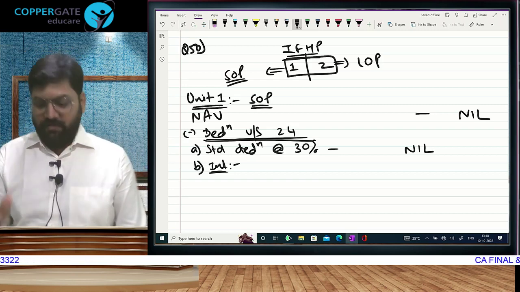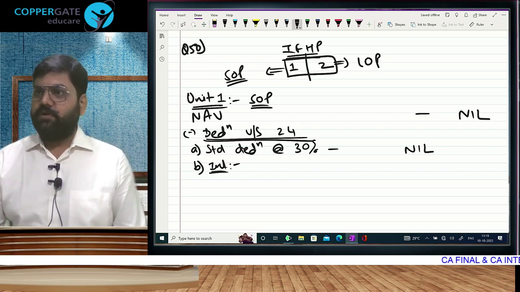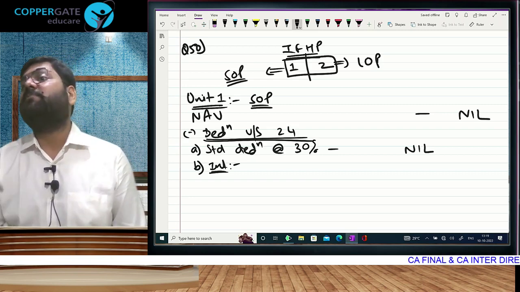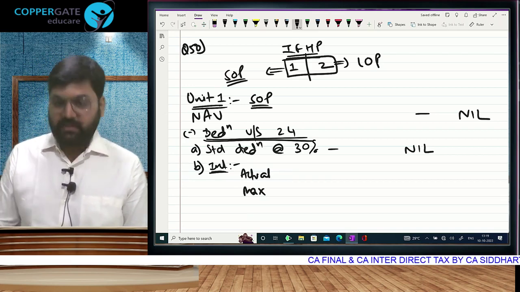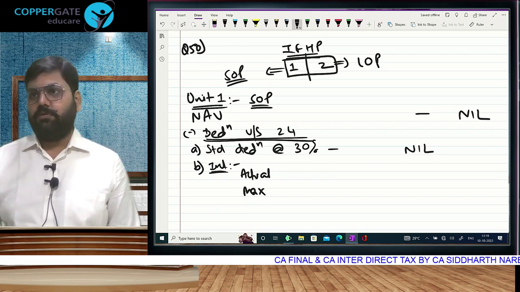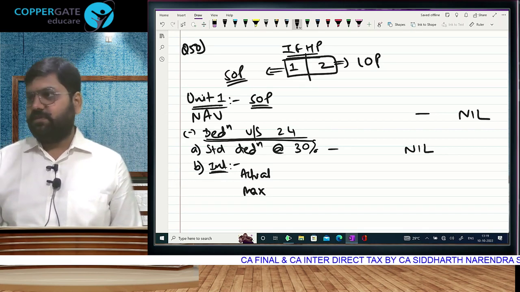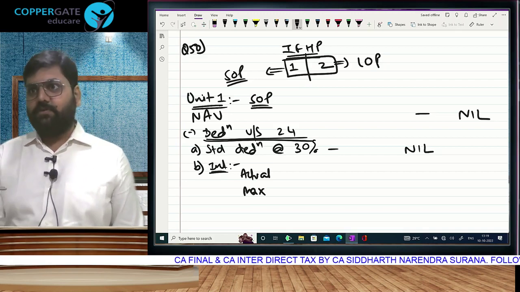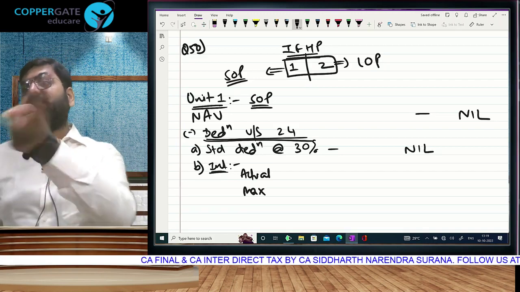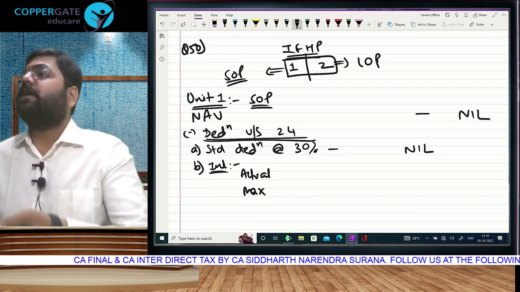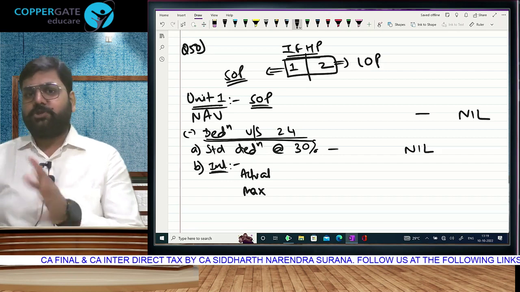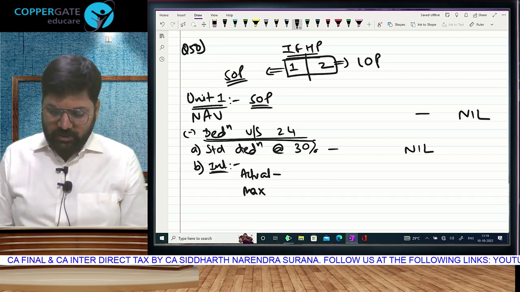But for SOP, the deduction will be limited. And therefore we will have to write both actual interest and maximum. Correct? And of course, whichever is lower will be allowed as a deduction. The actual question will tell you; the maximum you have to decide where there are two possibilities: 30,000 or 2 lakhs. Actual interest we can see from the question. How much is the actual interest?